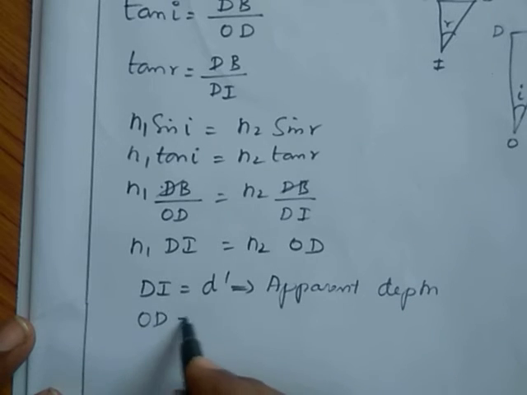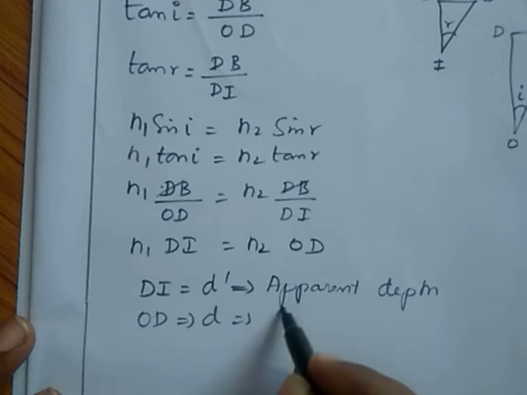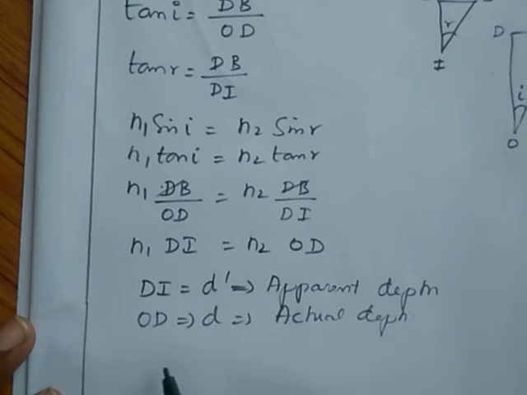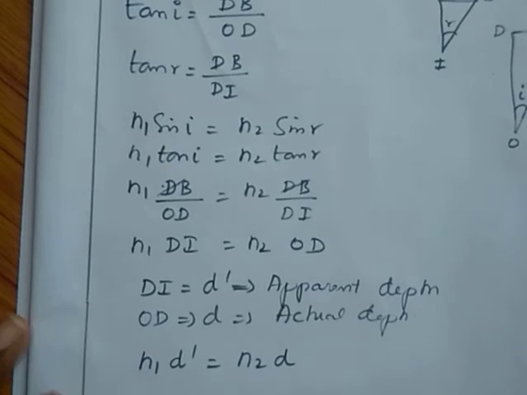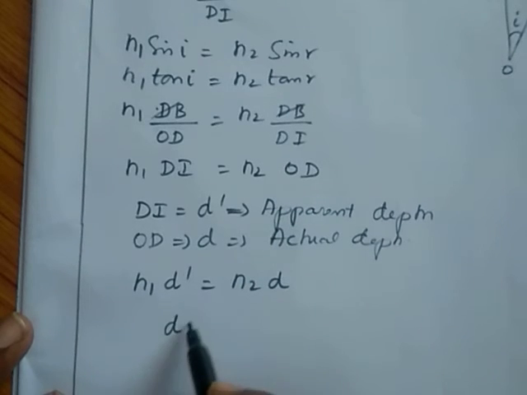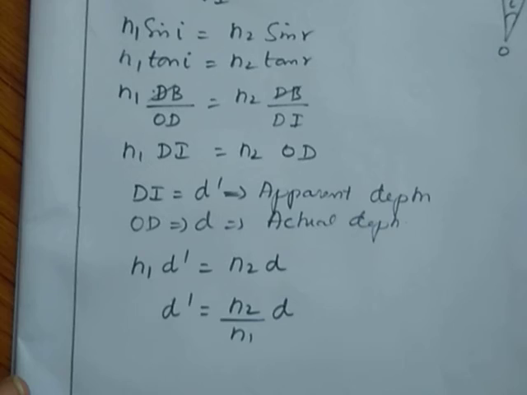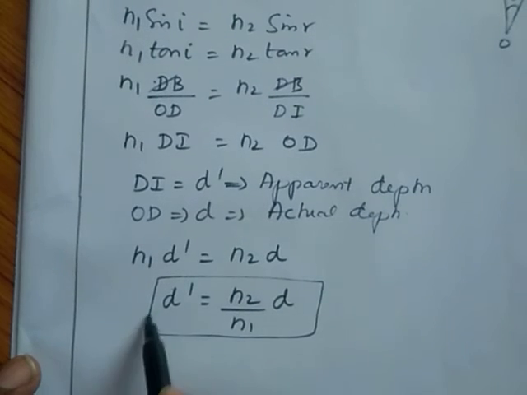Then N1 d dash is equal to N2 d. We need d dash alone, apparent depth. Then d dash is equal to N2 by N1 into d. This is the expression for apparent depth.